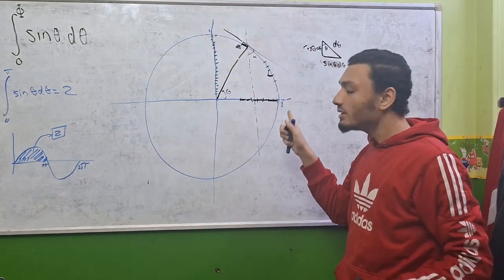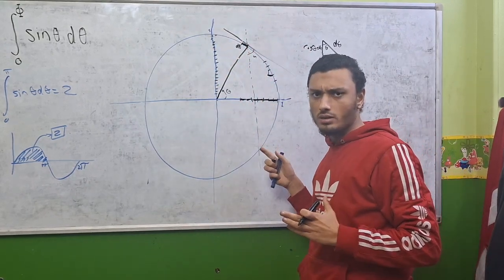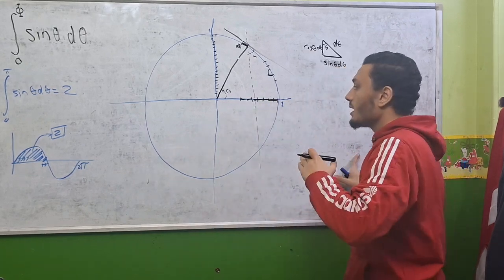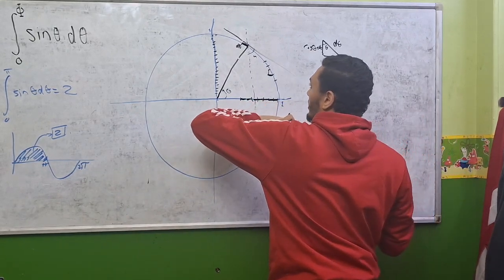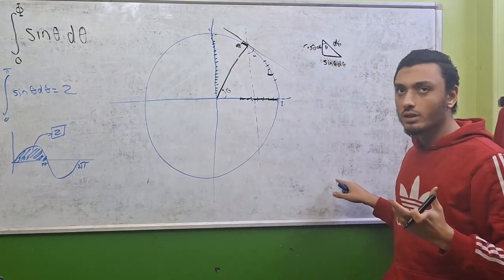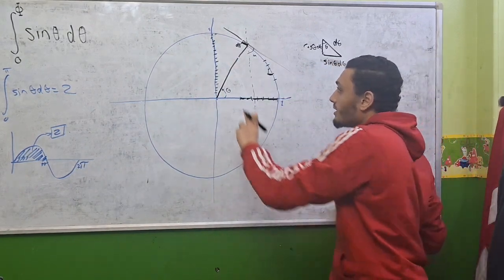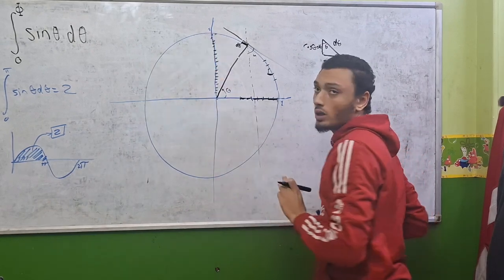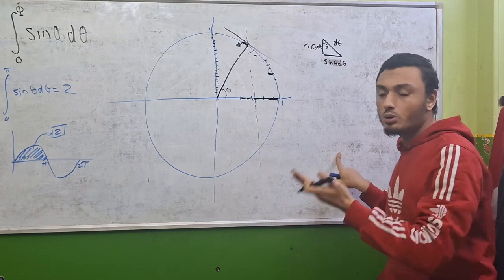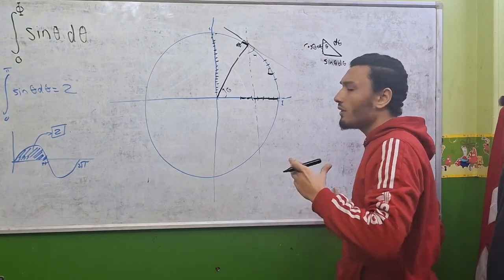So integrating cosine theta from 0 to pi over 2, look at this circle, from 0 to pi over 2. Well, I'm integrating cosine, so I'm looking at the vertical part, so it's 1. What about integrating cosine theta from 0 to pi?